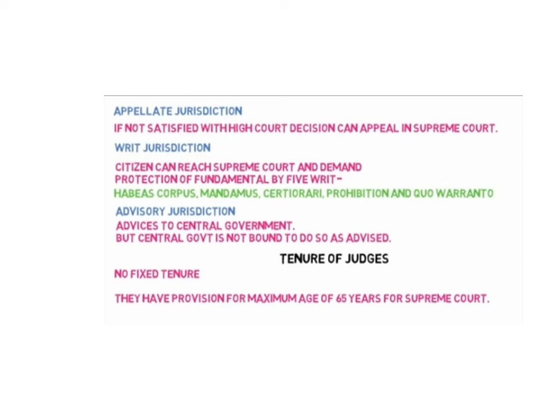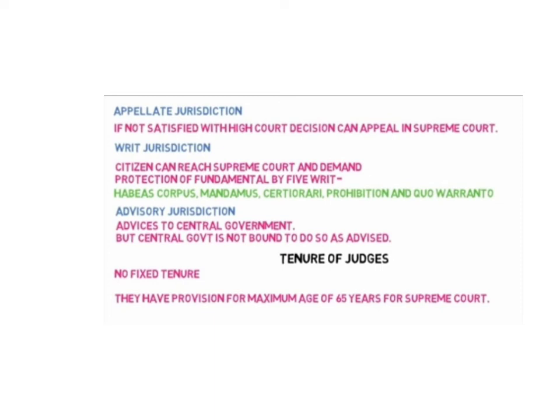Writ jurisdiction: a citizen can reach the Supreme Court and demand protection of fundamental rights by 5 writs. That means if somebody's fundamental rights are violated, like equality, freedom of speech, freedom of religion, education, these are the fundamental rights.